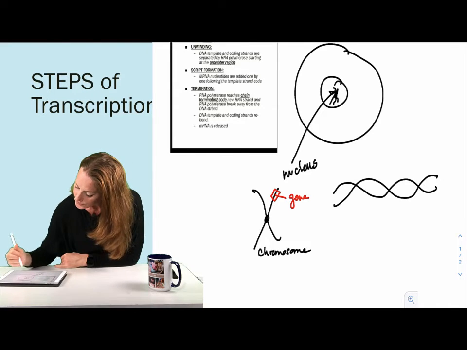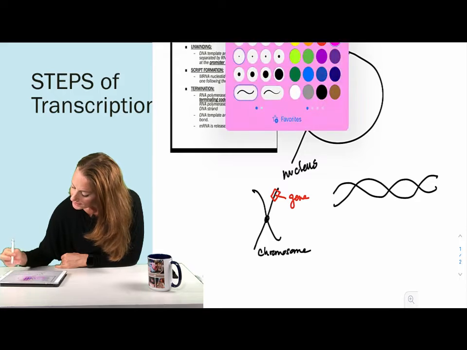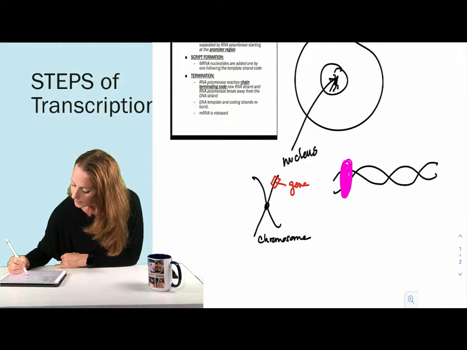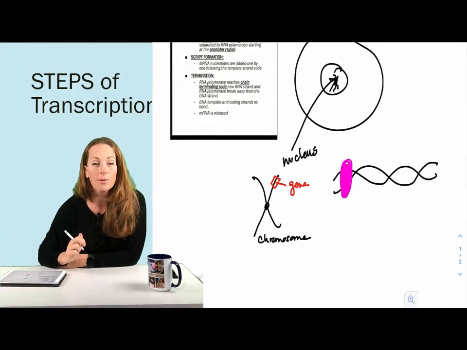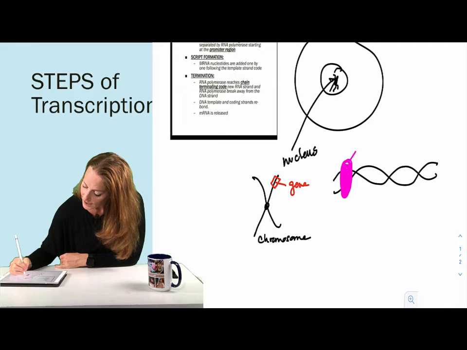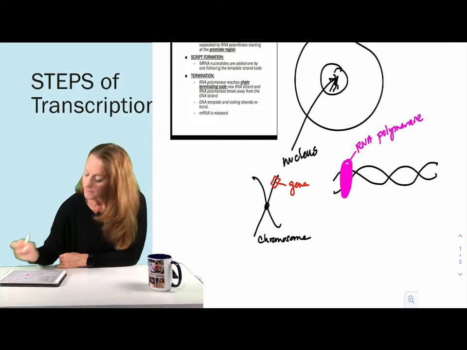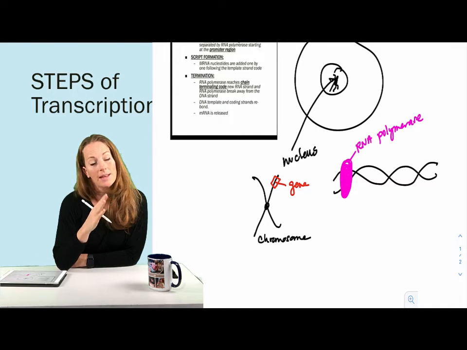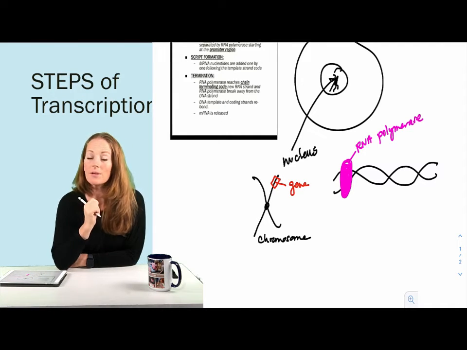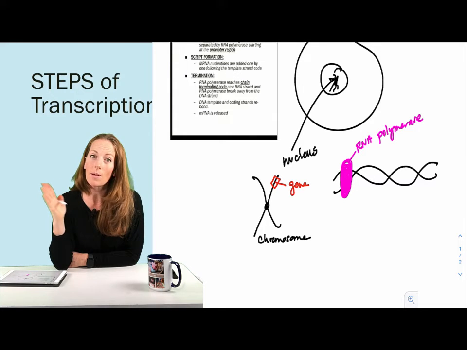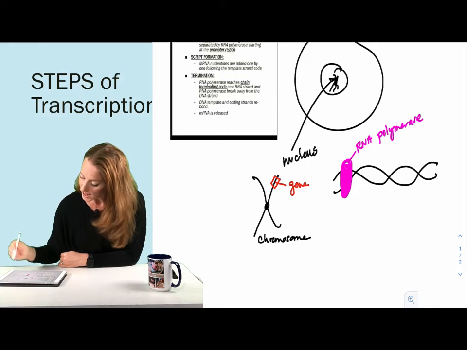So first, we have an enzyme that attaches to a region we call the promoter region. And that enzyme is RNA polymerase. The RNA polymerase attaches to the promoter region of a gene and unwinds a small segment of the DNA.